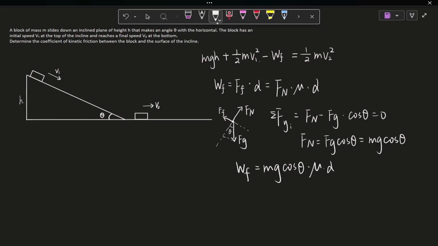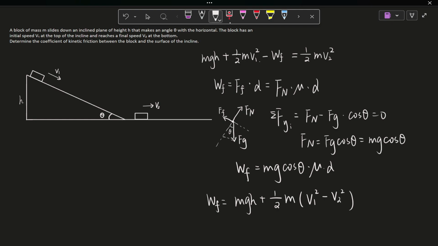We will put the work done by the friction on one side and the other expressions on the other side. After we simplify, we get Wf is equal to mgh plus 1/2 m times v1 squared minus v2 squared.